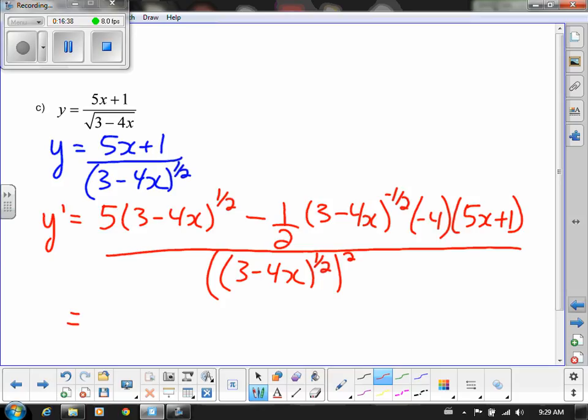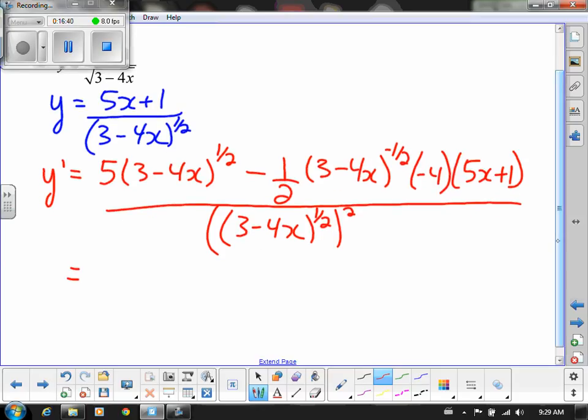Now if we look up top, we have some common things. Actually, there's only really one common thing. And that's going to be 3 minus 4x to the negative half. And we're taking that negative half because we always want the smallest power. So from there, I'm going to have 5. When we divide 3 minus 4x to the 1/2 by 3 minus 4x to the negative half, we're left with 3 minus 4x.